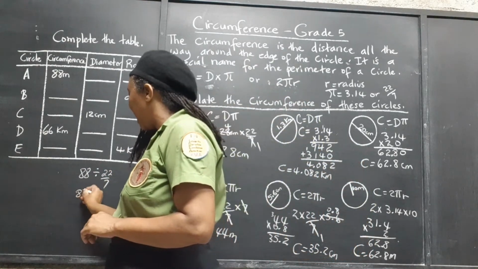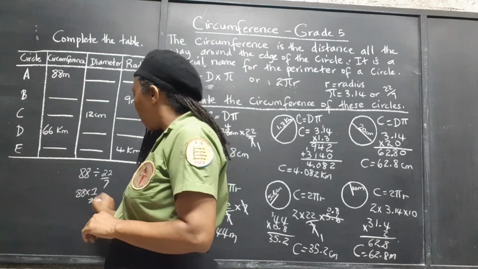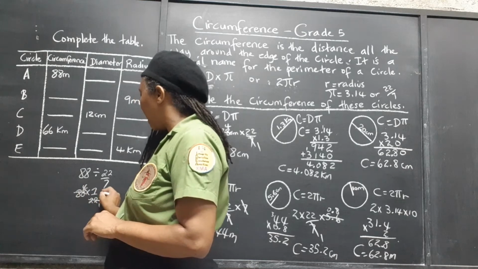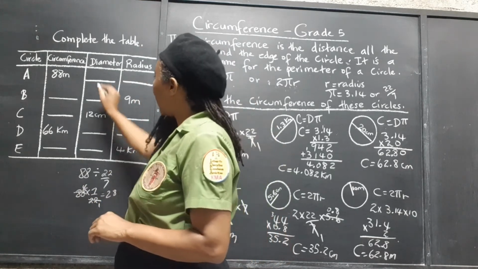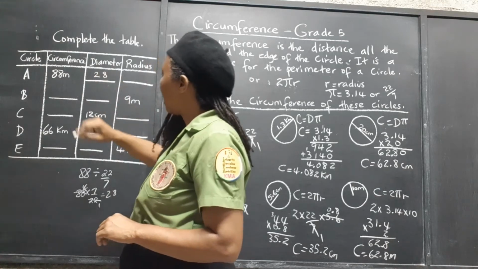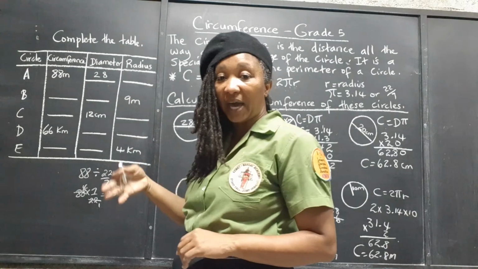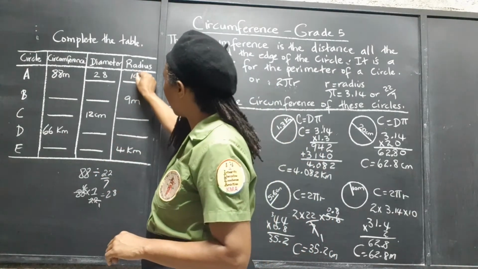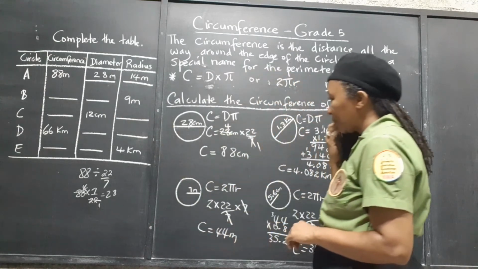So that's 88 times 7 over 22. 22 goes into 88 4 times, and 7 times 4 is 28. So the diameter is 28, and the radius is half of the diameter. So 28 divided by 2, that's 14. Don't forget our units.